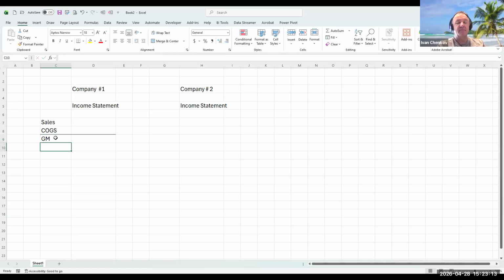Both companies are going to have operating expenses, and both companies are going to have operating income.